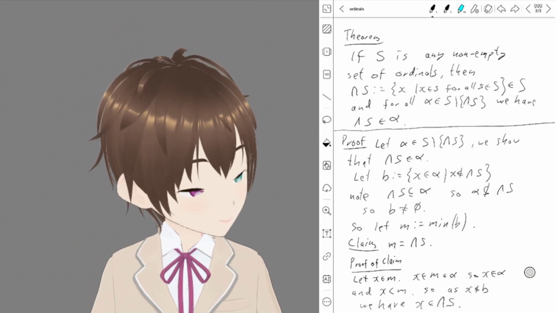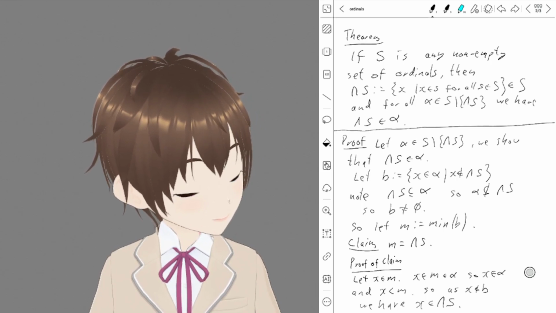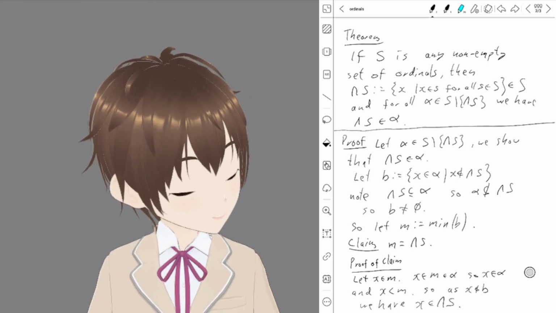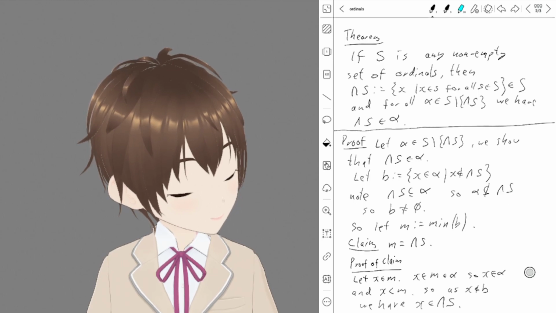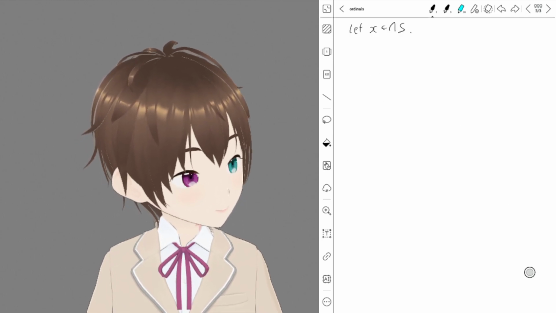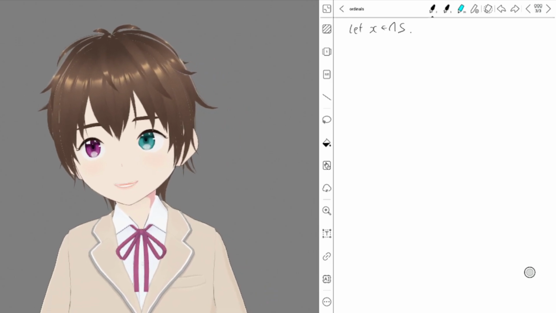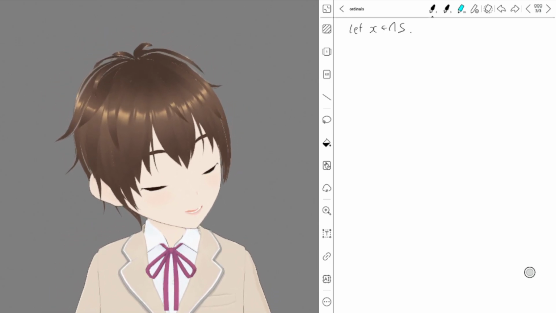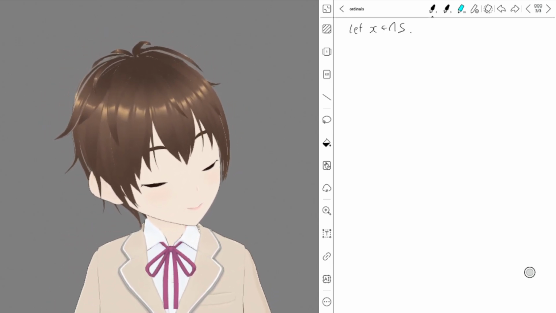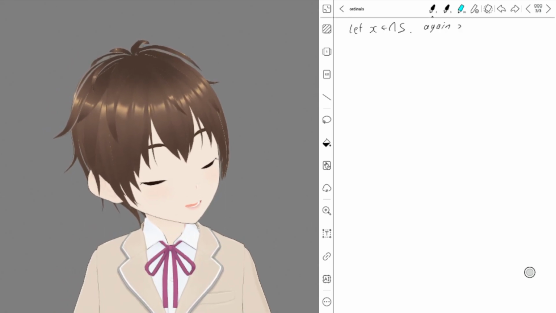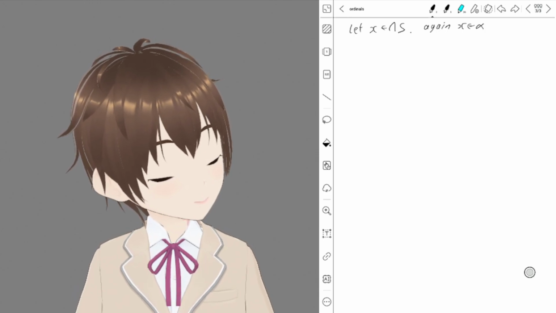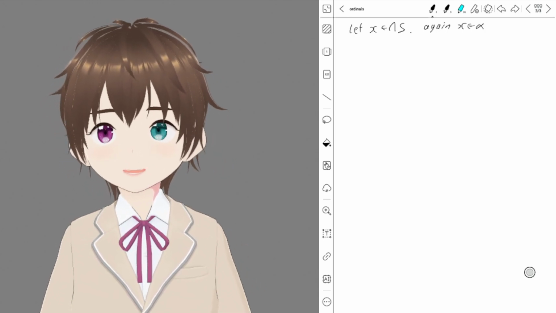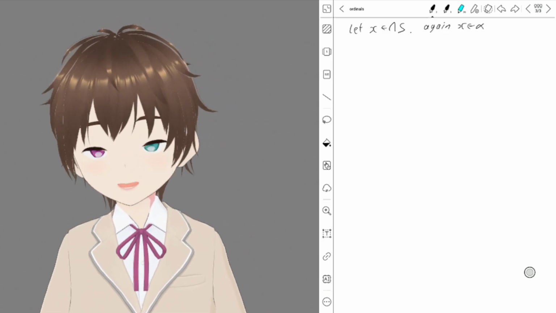Okay. Well, as before, X is in alpha because it's in the intersection of S. So again, this is in alpha, which means it's either equal to M, less than M, or greater than M because alpha is totally ordered.